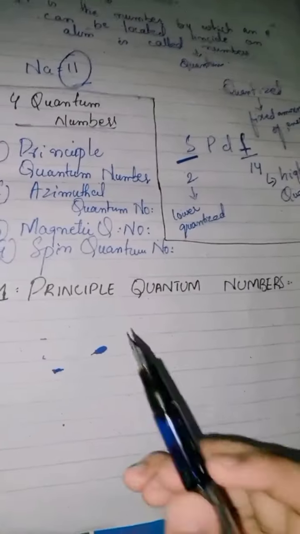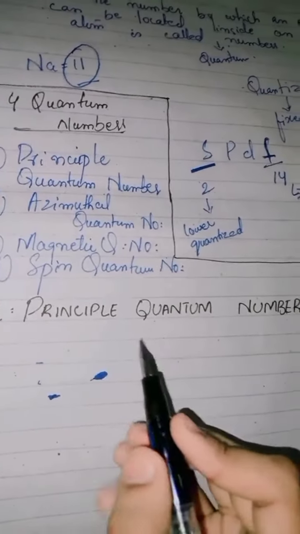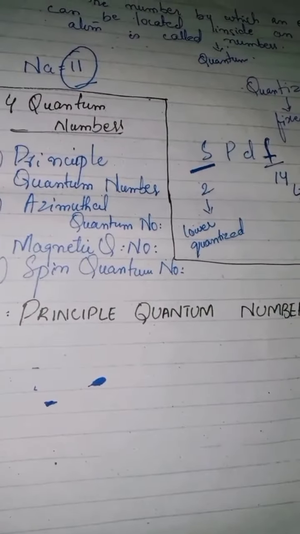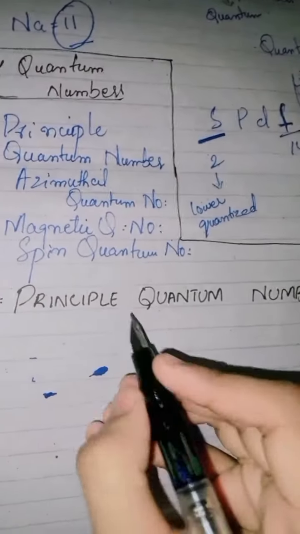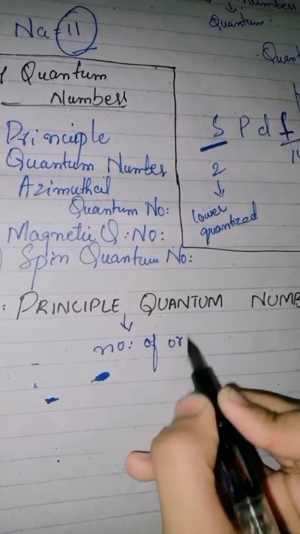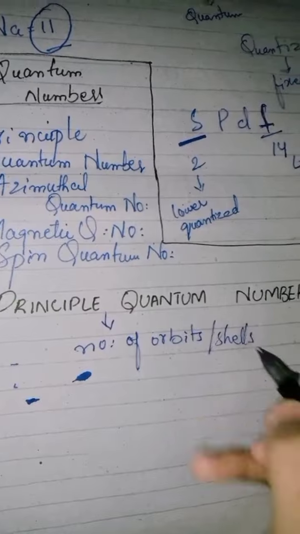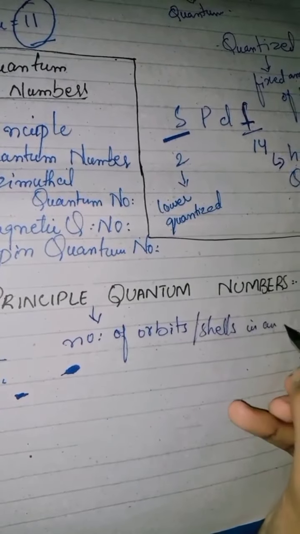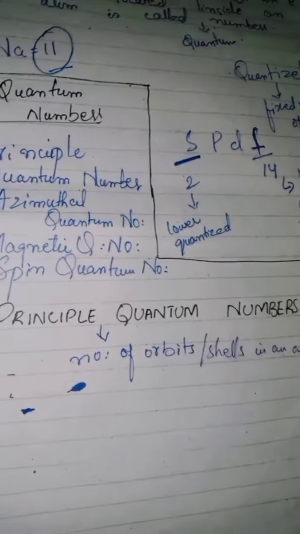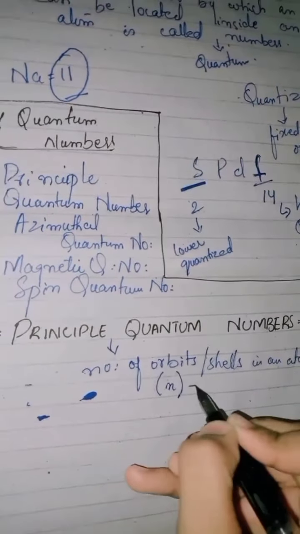Now what is principal quantum number? Principal quantum number basically tells the number of orbits in an atom. It is represented by the small n.